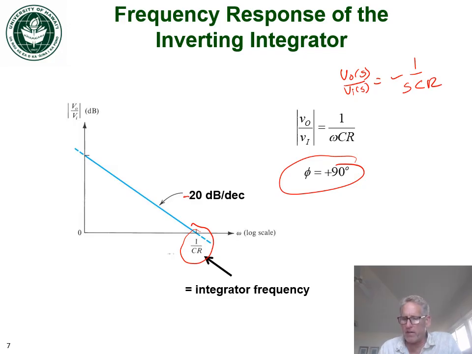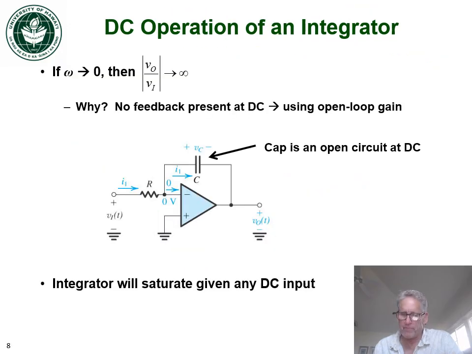Now let's start talking a little bit more about the non-idealities of this integrator. First thing is, what happens at DC? If we have a very low or DC voltage coming in, what happens to the output of our integrator?